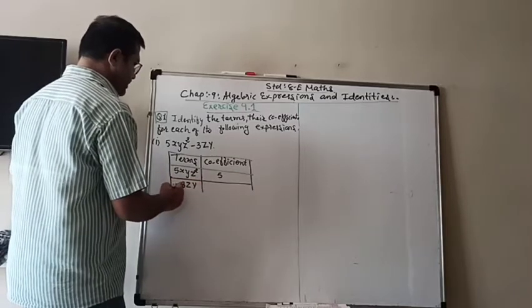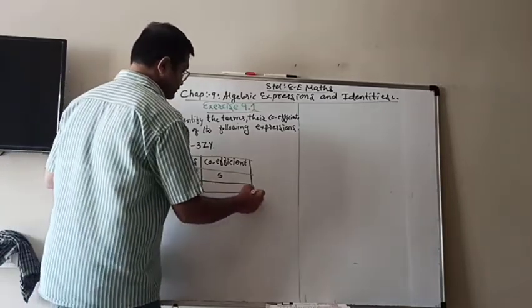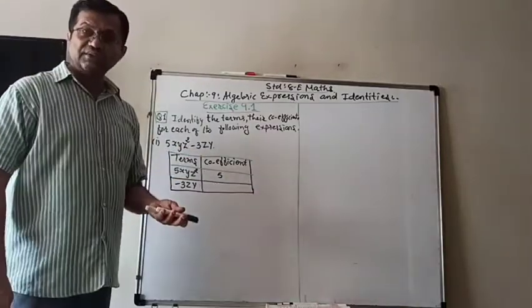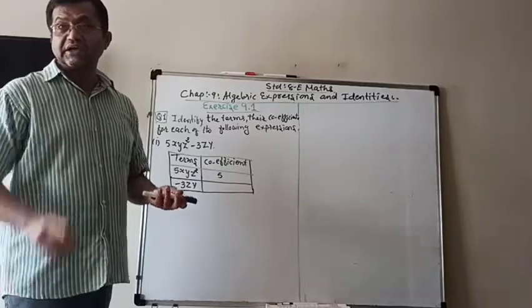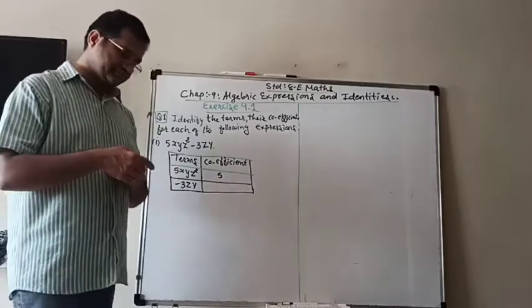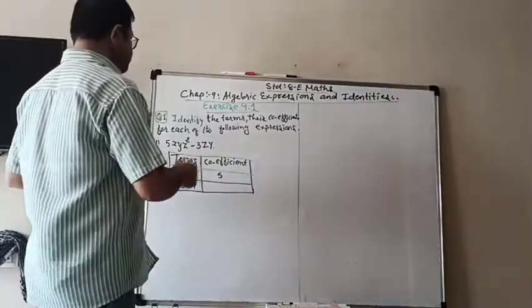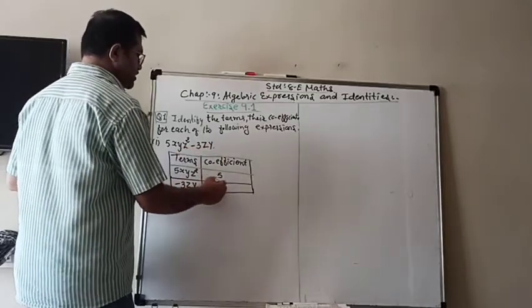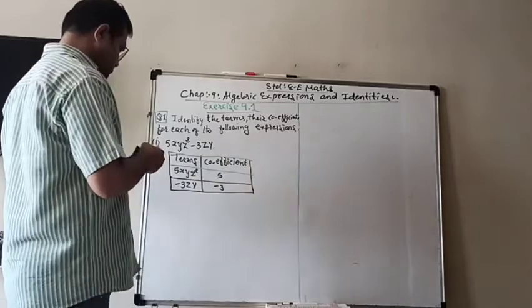Don't forget the minus sign. Otherwise if you write down 3zy, then your coefficient will be 3 and you will lose the mark. So the second term is minus 3zy, and the coefficient is minus 3.